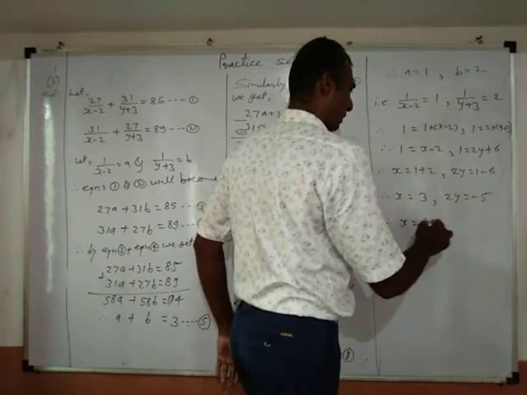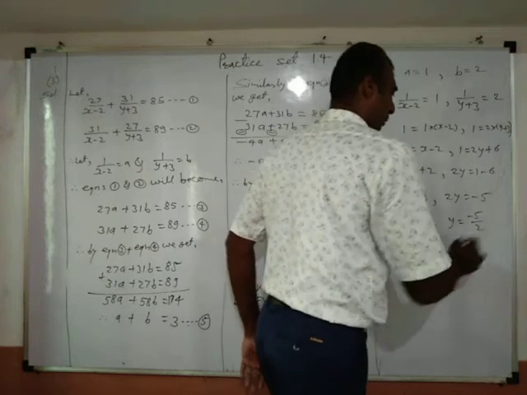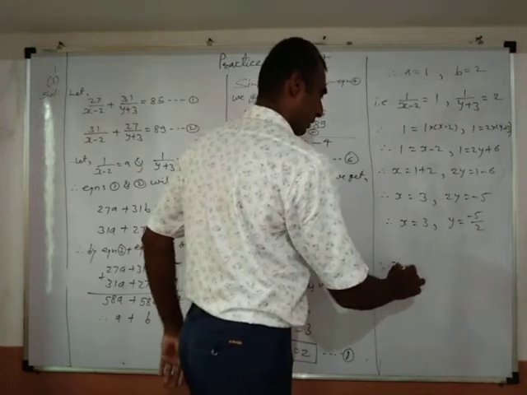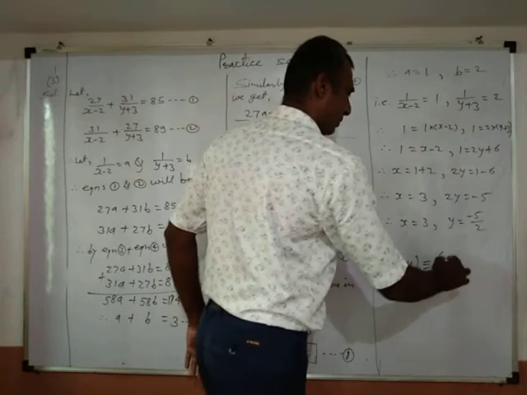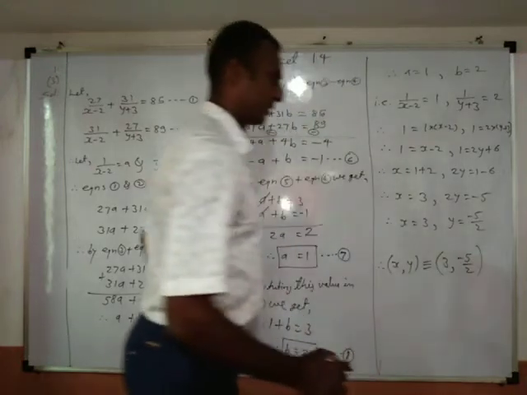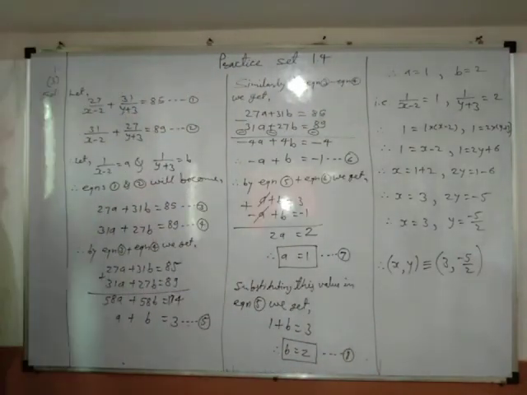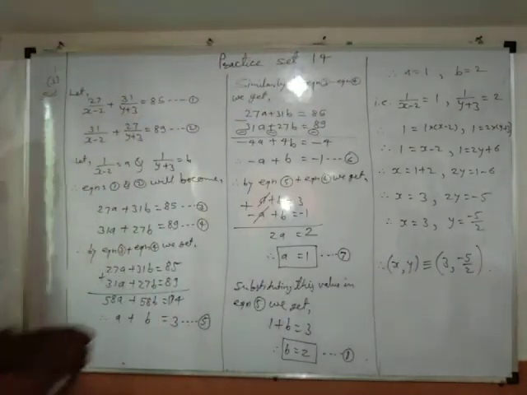Therefore, x equal to 3 and y equals minus 5 by 2. Therefore, a pair of x and y having values 3 and minus 5 by 2 is the solution for given simultaneous equations. Okay?